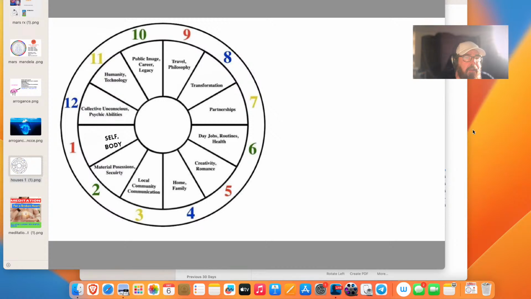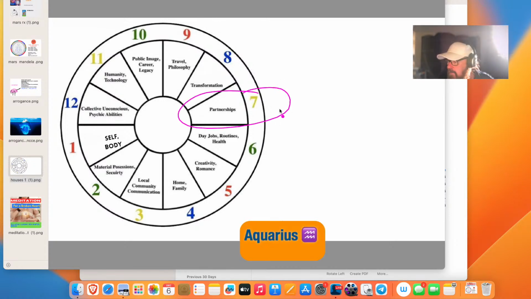And then Aquarius, sun, moon, or rising, that's the 7th house, and that's your relationships. So there can be a lot of conflict in your relationships, right? It could be a lot more challenging. So say you have a partner, because it's the 7th house, it's your partner confronting you on the shadow of arrogance, right?